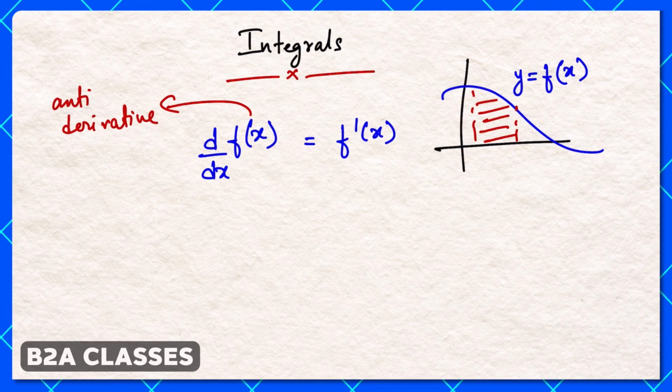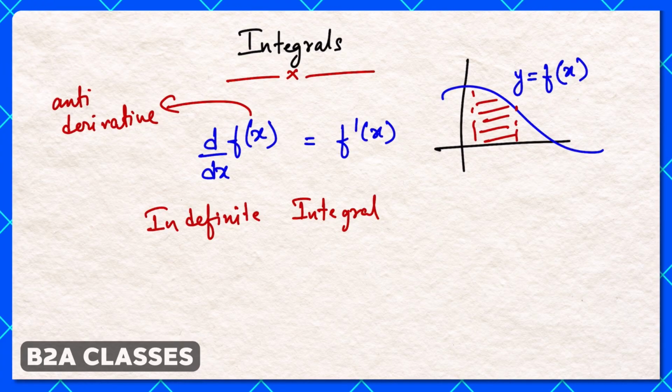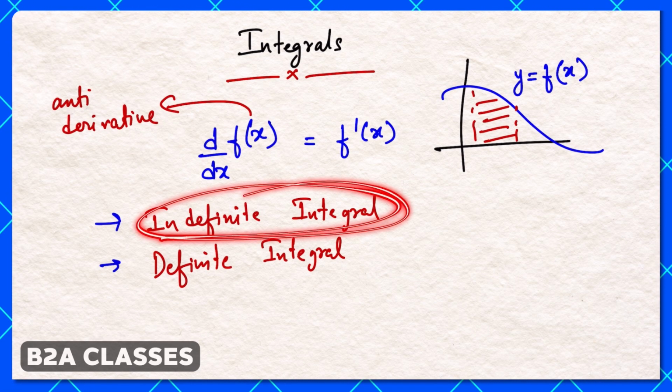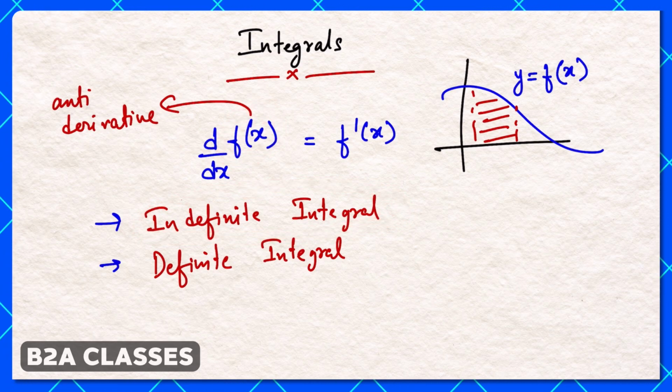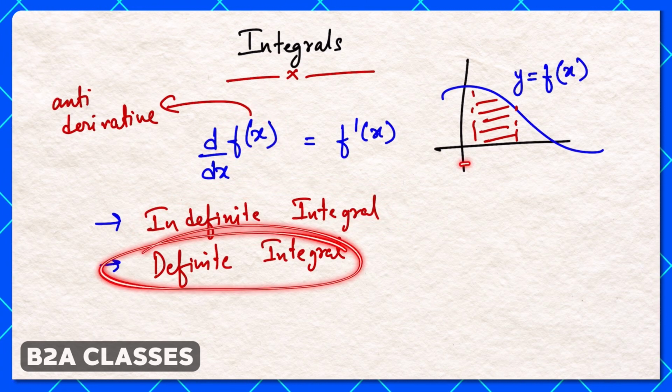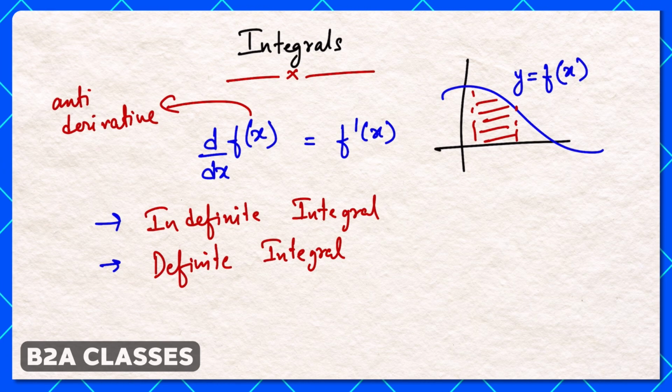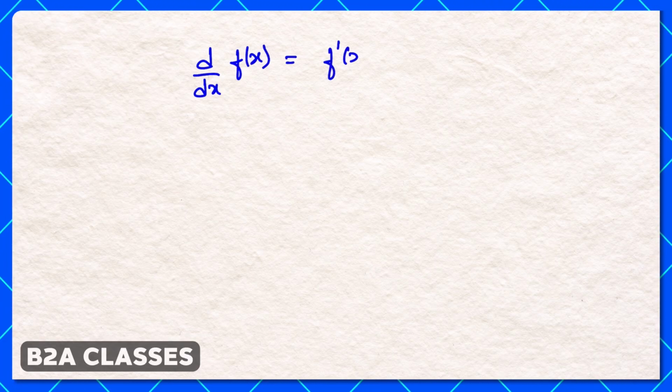So these two problems lead to two forms of integrals. First is indefinite integral and the second is definite integral. Using indefinite integral we can find this original function, and using definite integral we can find the area bounded by the function. So as I said, the derivative of the function f of x is f dash x.